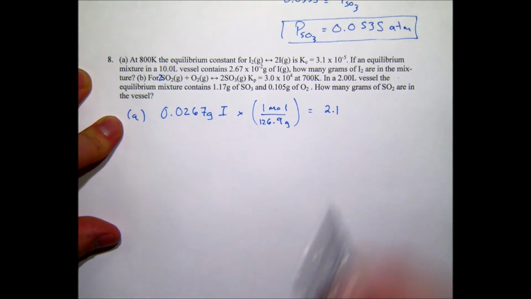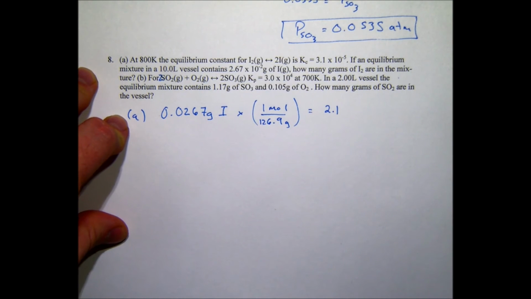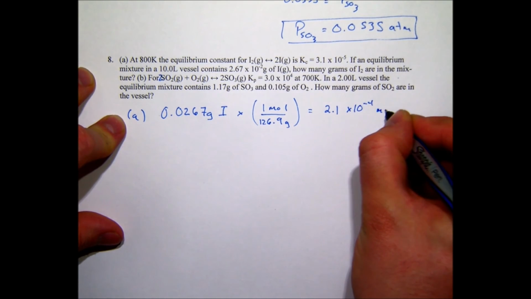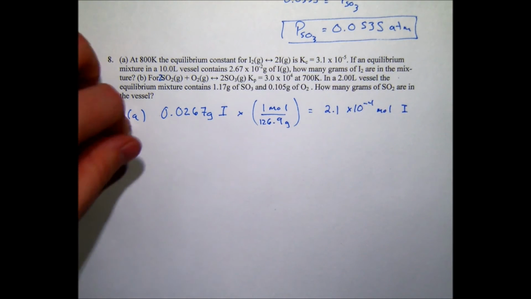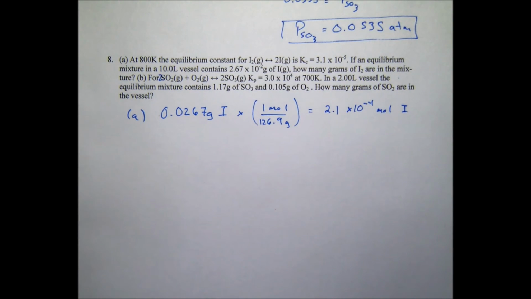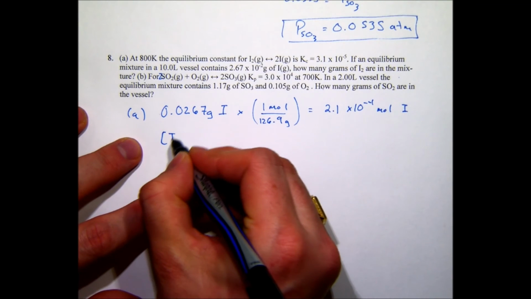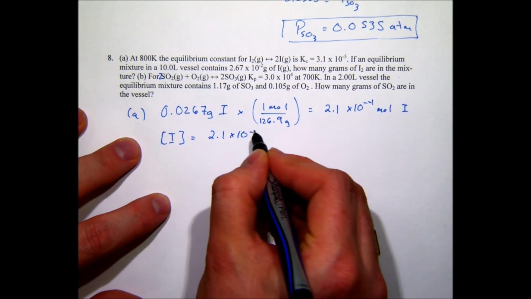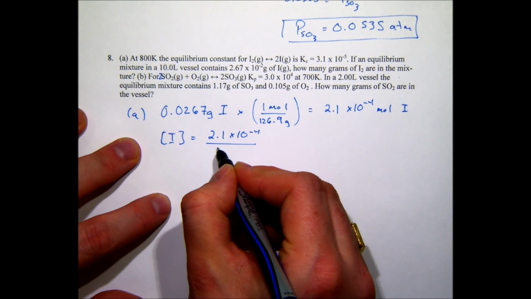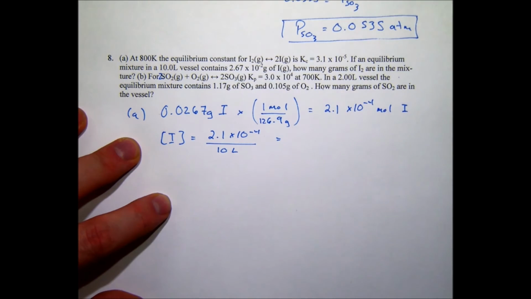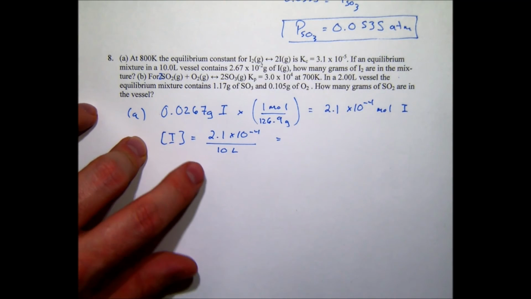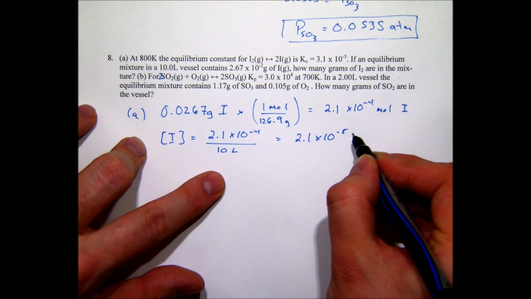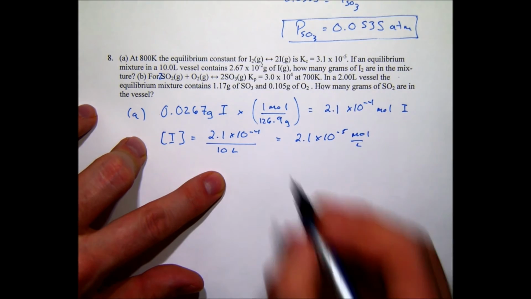That's going to give you 2.1 times 10 to the negative 4 moles of I. The concentration of I is equal to the number of moles divided by the volume. So 2.1 times 10 to the negative 5 moles per liter.